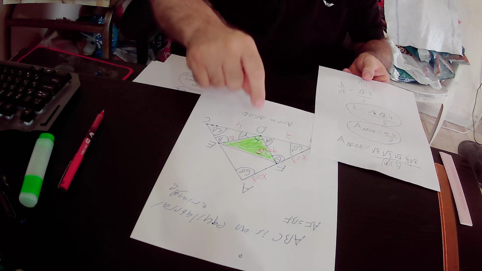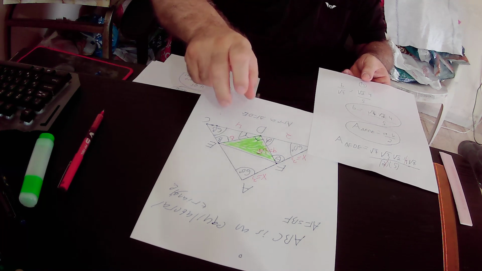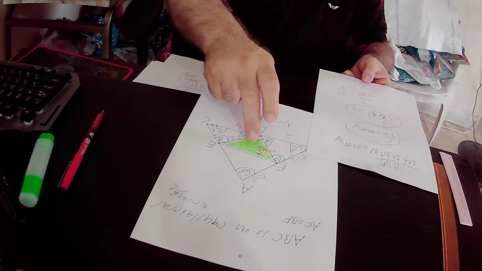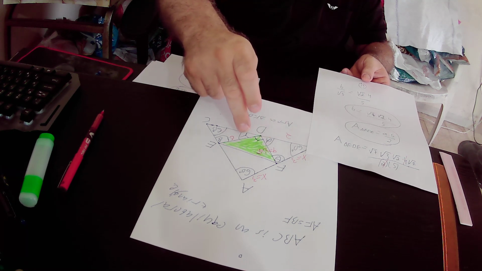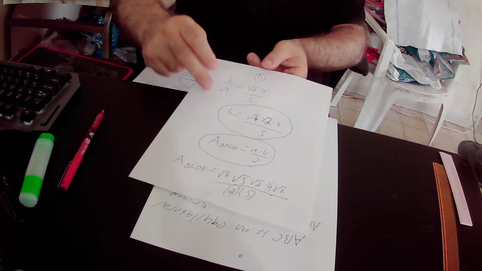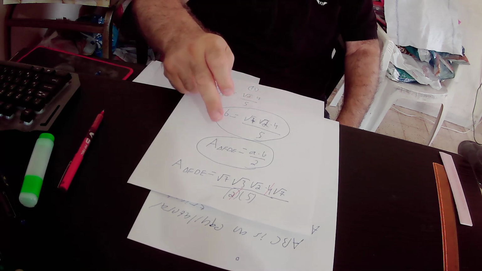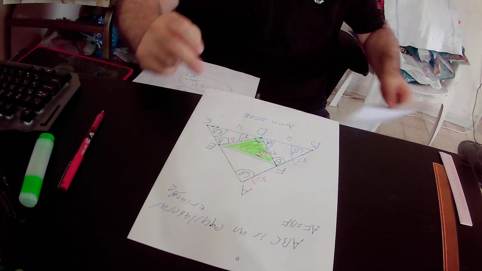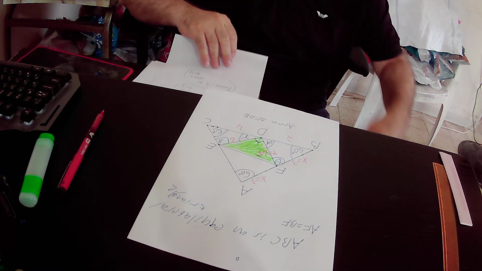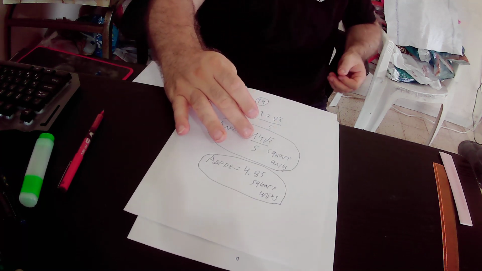And the area of the green triangle is the base of the triangle times the height to the base over 2. So the area of the green triangle FDB equals A times B over 2. And A equals the root of 7, and B is this expression. So A times B over 2 is actually 14 times root of 3 over 5 square units.